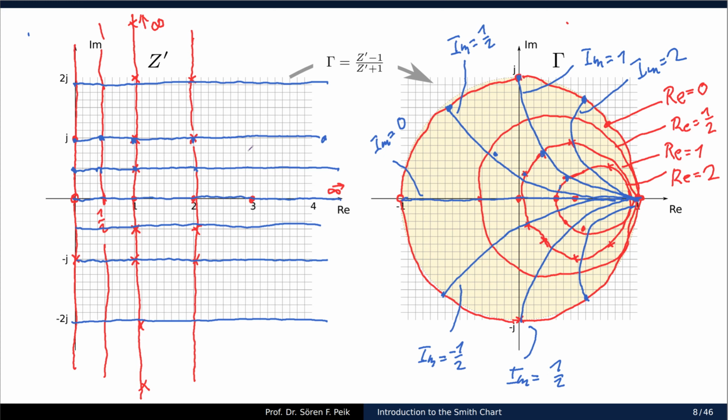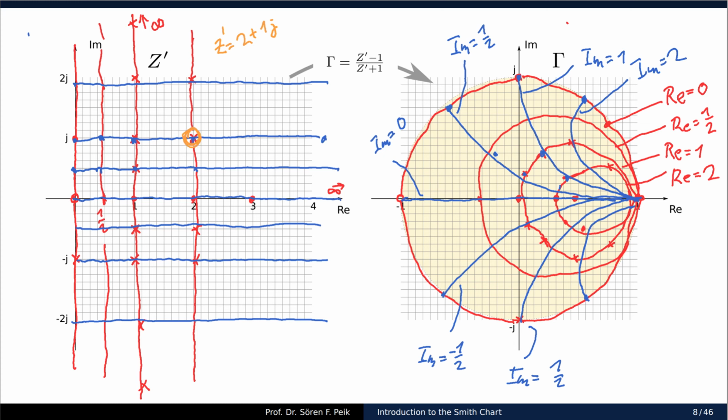And now the magic starts, because now we can do the following. I can mark a point, for example, my z prime supposed to be 2 plus 1j. Where's my point 2 plus 1j? 2 plus 1j is this point here.